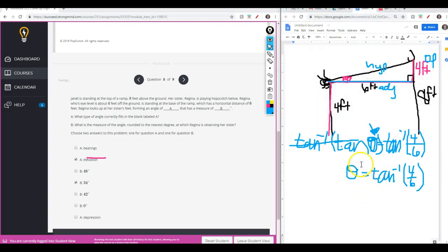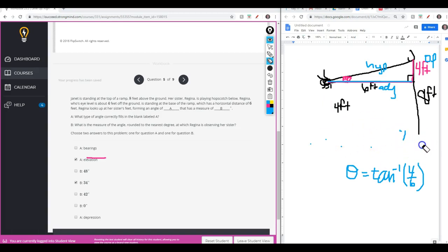Now some of you, when you're solving for an angle, you're always going to be using inverse trig functions. So you could remember or write this in your notes. When you're solving for an angle, you still have your choices.